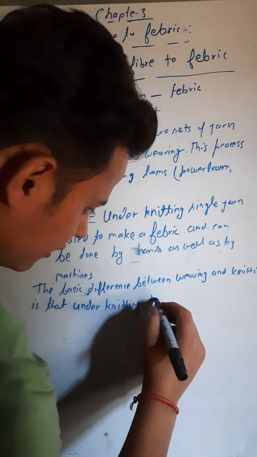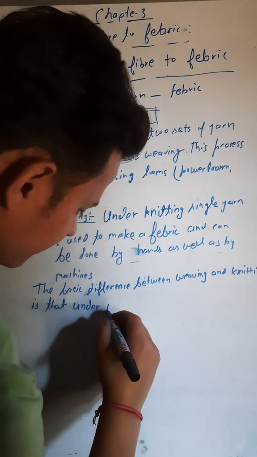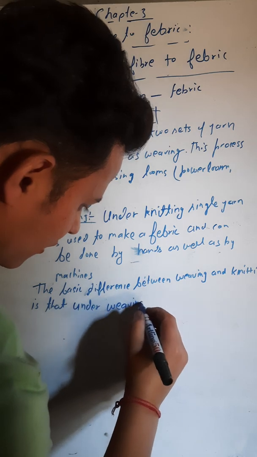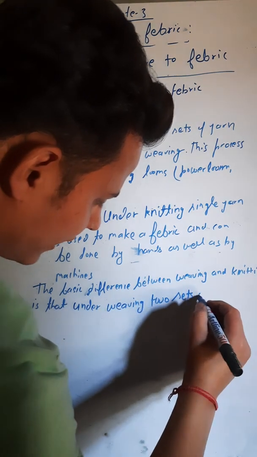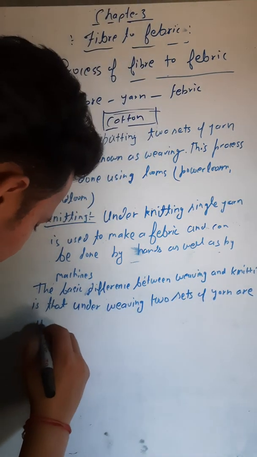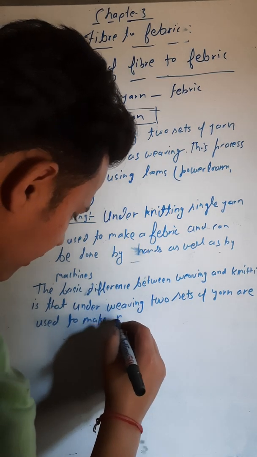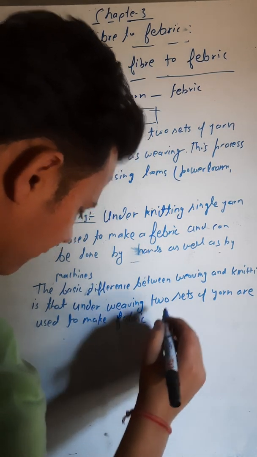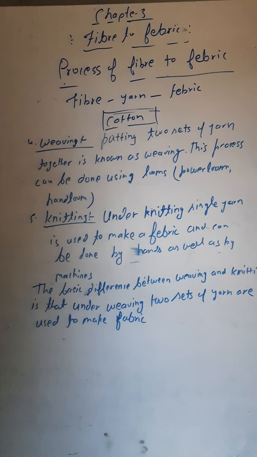Under weaving, two sets of yarn are used to make fabric. Okay, whereas in the case of knitting, a single yarn is used to make a fabric.